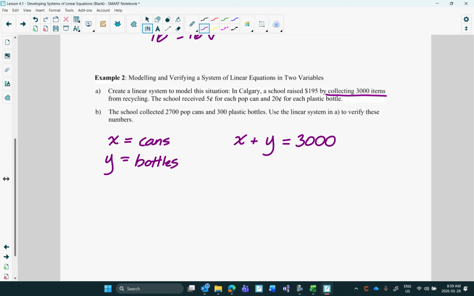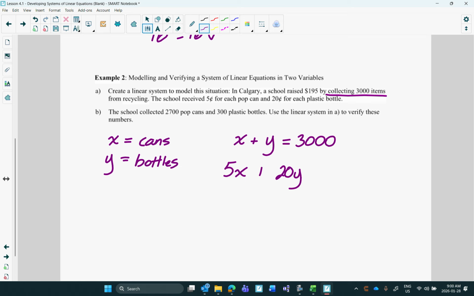What's an expression for the total amount you get from the cans? 5 times X. What's an expression for the total amount that you get from the bottles? 20Y.